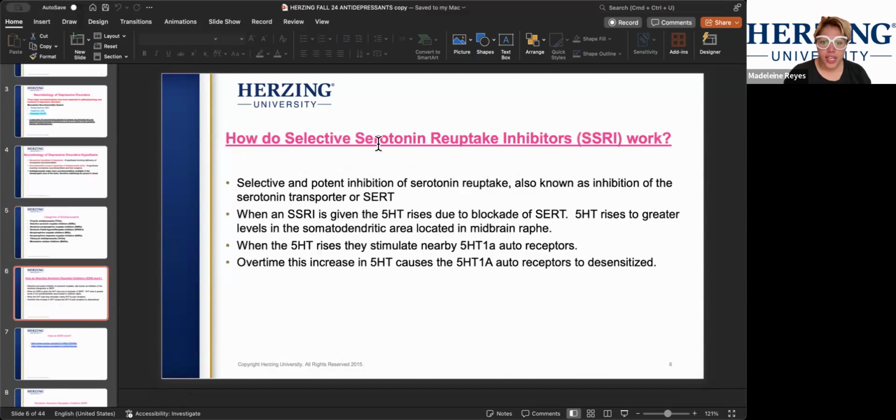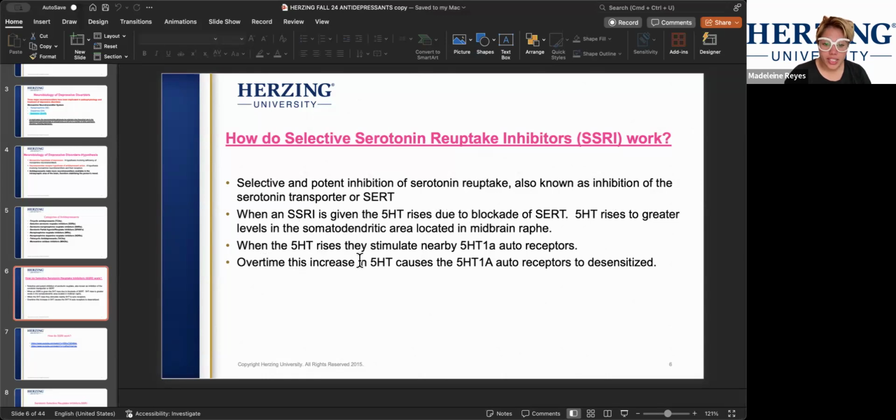So, how do selective serotonin reuptake inhibitors, or SSRIs, work? Selective and potent inhibition of serotonin reuptake, also known as inhibition of the serotonin transporter, or SERT. When an SSRI is given, the 5-HT rises due to the blockade of SERT. 5-HT rises to greater levels in the somatodendritic area located in the midbrain. When the 5-HT rises, it stimulates nearby 5-HT1A receptors.